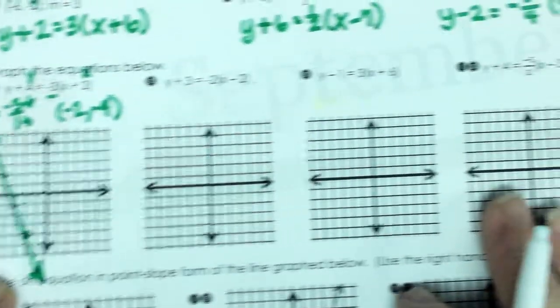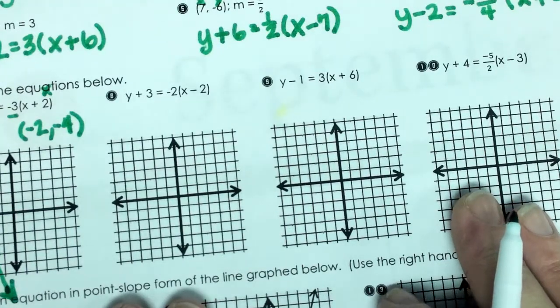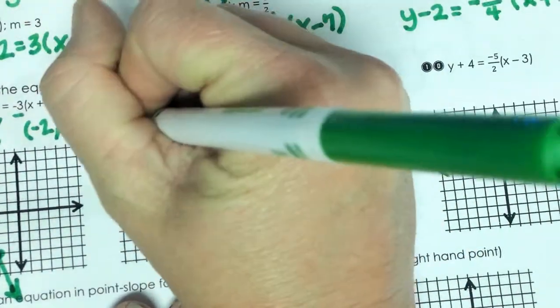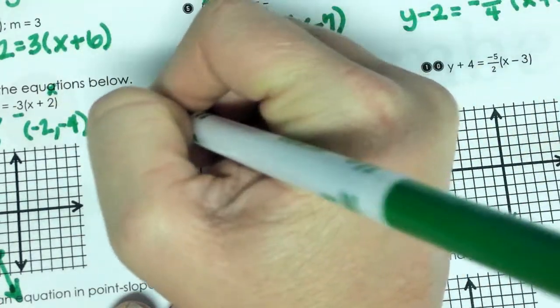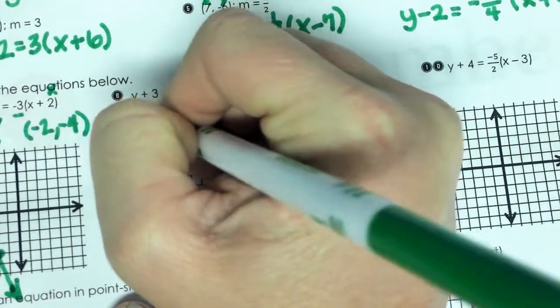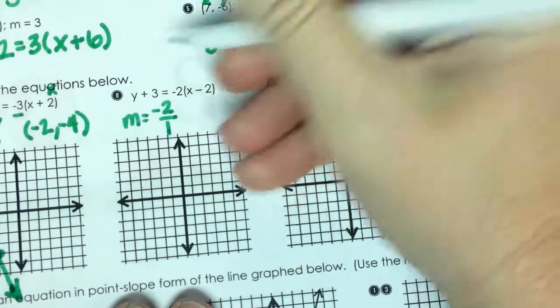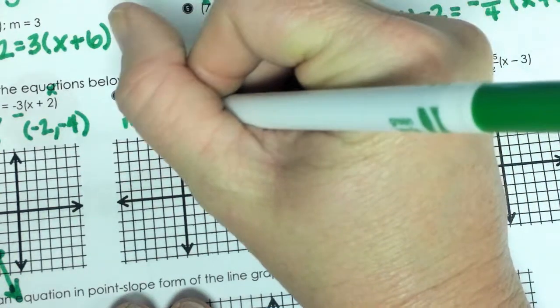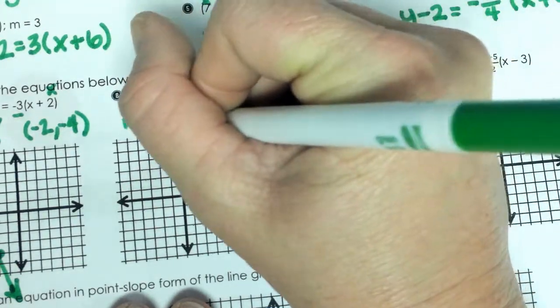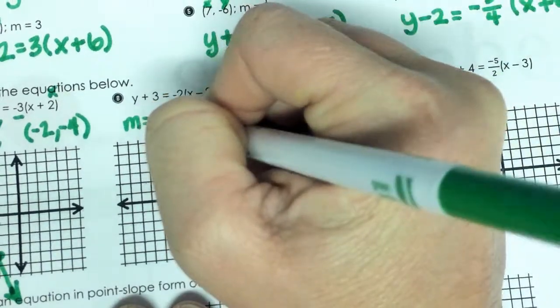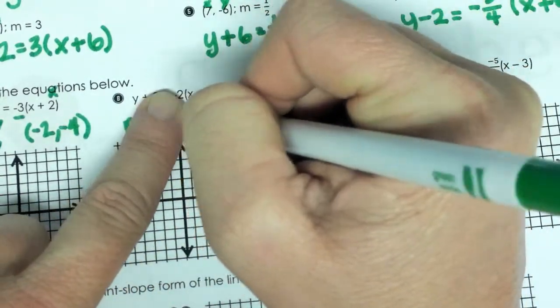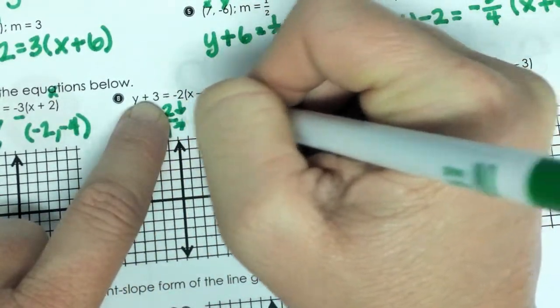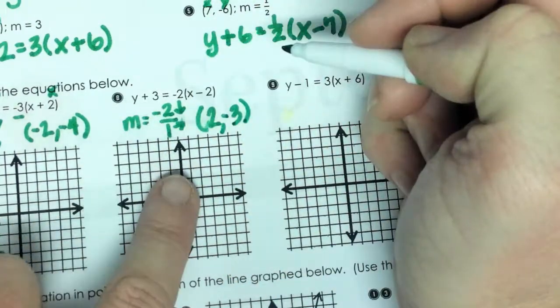Okay, let's go on to number 8. So here I have a slope of -2, and I'm going to go ahead and make that -2/1 so that I have my fraction. So I know that since it's a negative, I'm going to go down 2 and 1 to the right. And then my point, my x value is going to be 2, and my y value will be -3 since I have a plus 3 here.